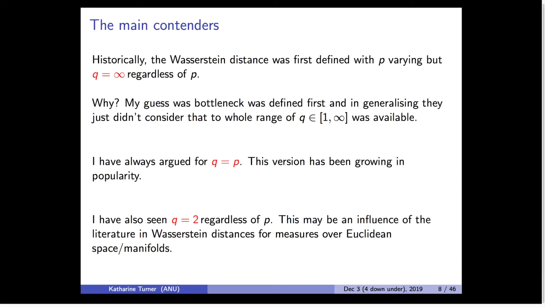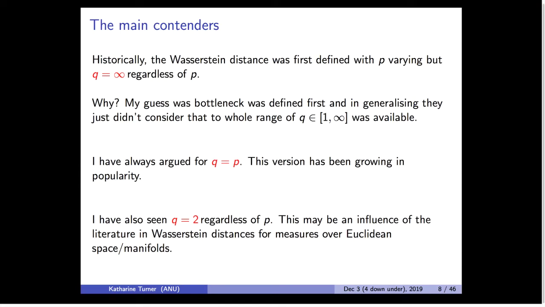So the main contender that I would like to argue for, the one I'm rooting for, is for q to be set to be p. I've started seeing more papers mention that, though q equals infinity does seem to have a stronghold, and I think that's partially because the code often has q equals infinity, with the exception of Irene.